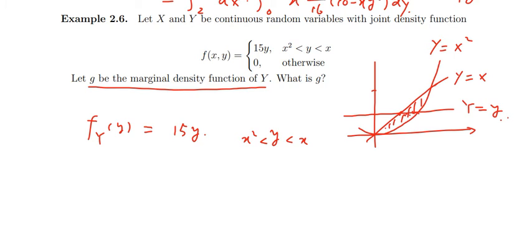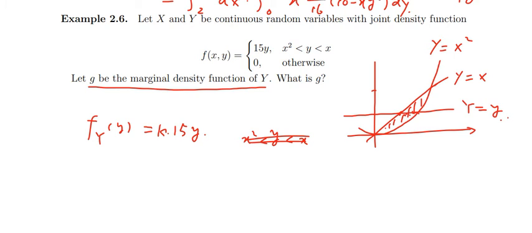Maybe we need to adjust this by multiplying by k. What is k? k is what makes the total integration equal to 1.